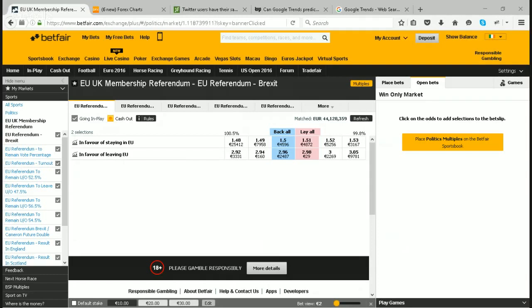So once we look at this, the market action, when we're looking at the Brexit referendum, that is more like a normal chart that we'll see in a market.